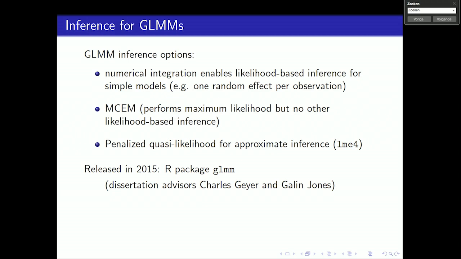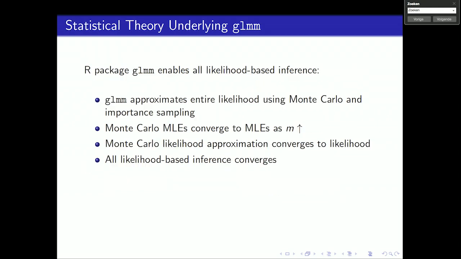All right, so then what I did is I created this R package, glmm, released it in 2015. It was part of my PhD work at the University of Minnesota with my advisors, Galen Jones and Charlie Geyer. Since we don't have a ton of time, I didn't put the R code in it, but the R code is all on my website and you can check it out. The slides are on my website, and there's also a vignette on my website.